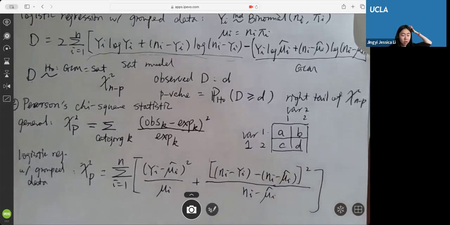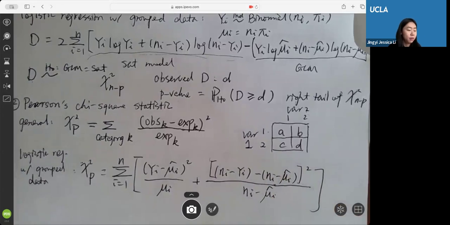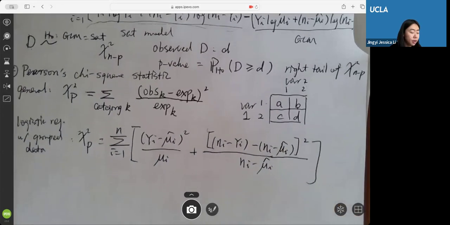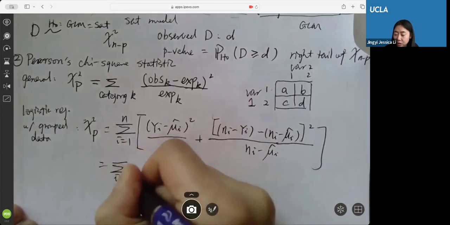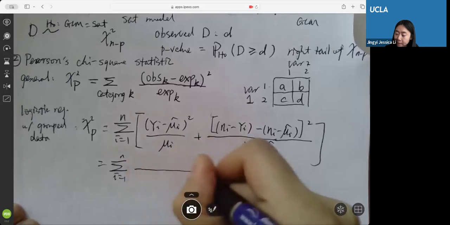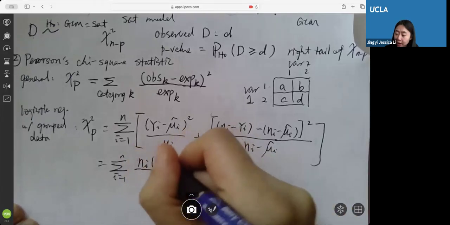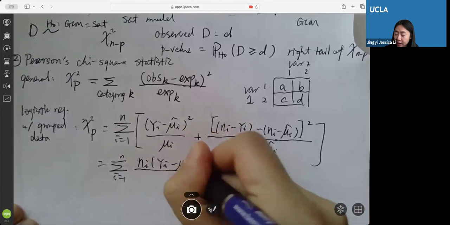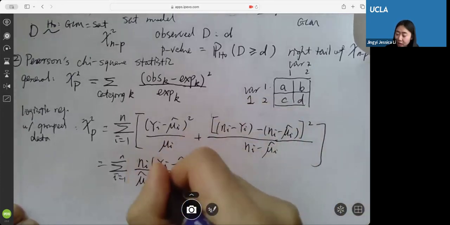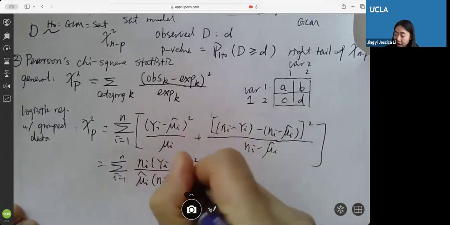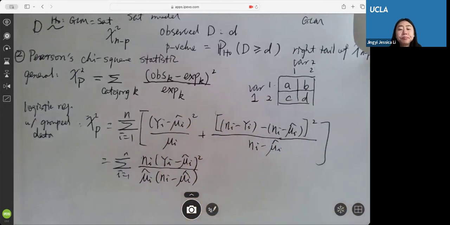That's it. So that's the Pearson's chi-square statistic for logistic regression. And you can combine the two terms in the sum, and essentially you'll get the sum over i from 1 to n of Ni times (Yi minus mu i hat) squared, over mu i hat times (Ni minus mu i hat). Okay, that's it.